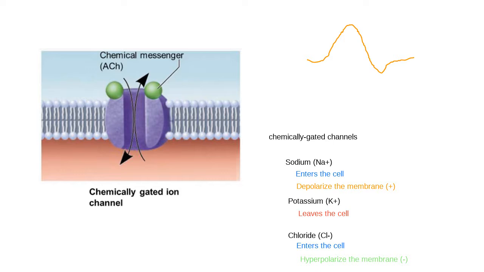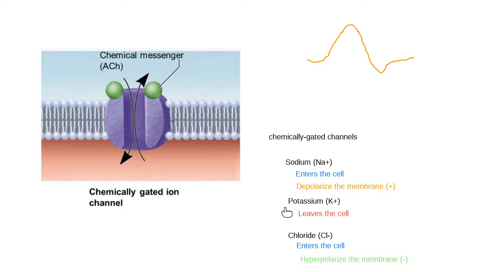Chloride's going to hyperpolarize the membrane because when chloride comes in with its negative charge, inside the membrane becomes more negative. When I attach a chemical to a channel whose job is to let chloride inside, in comes chloride with its negative charges, makes the inside more negative.